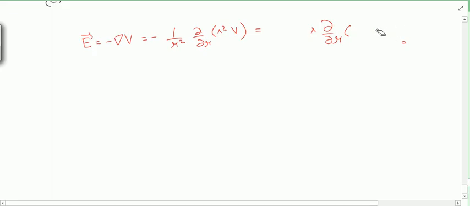So we just have to put here the value of V, and the minus sign will be gone.